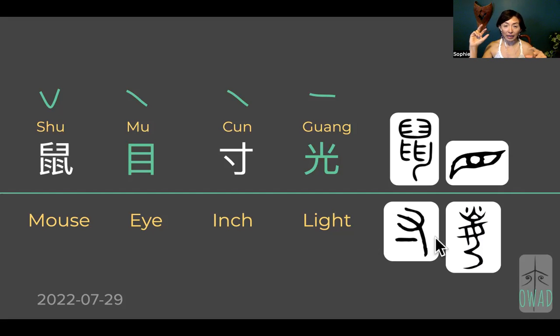Actually, why is this used in the Chinese language to mean an inch, the measurement? Because this position over here is the most commonly used touch point for doctors. Okay, picture a Chinese doctor. It's different from a Western doctor in a white coat. A Chinese doctor, mostly long hair, long beard, an old man, of course, is going to diagnose you by touching exactly this point on your wrist.